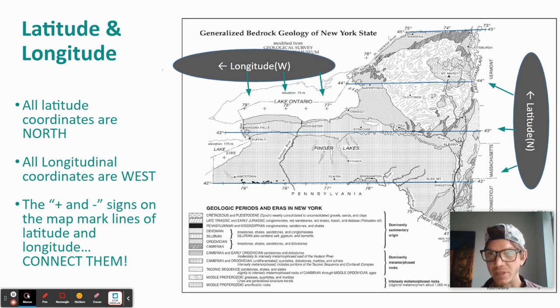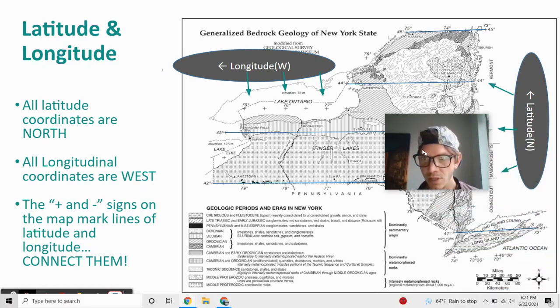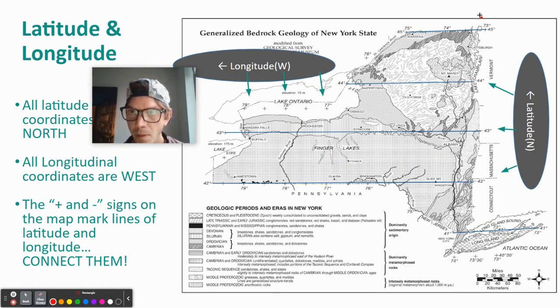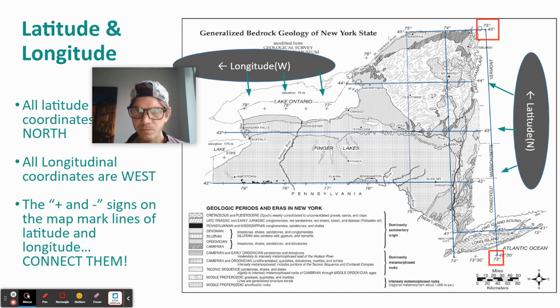and the same thing happens with the lines of longitude. I'll get my head out of the way here. So 73 degrees is here, up on top. And then we also have 73 degrees at a little bit of an angle. There's 40 degrees, 30 minutes. More on that in a second. But we can also connect those lines of longitude.